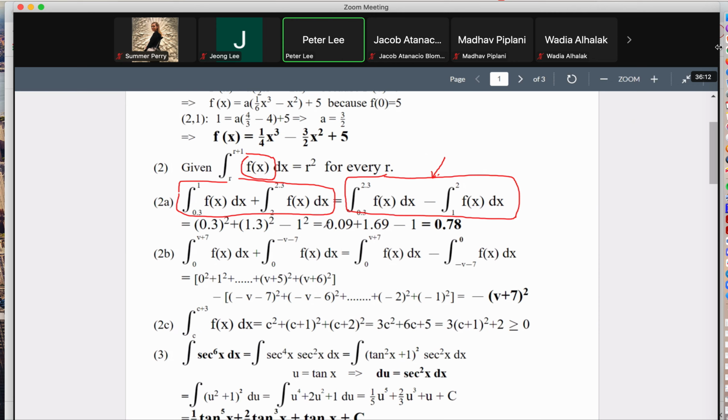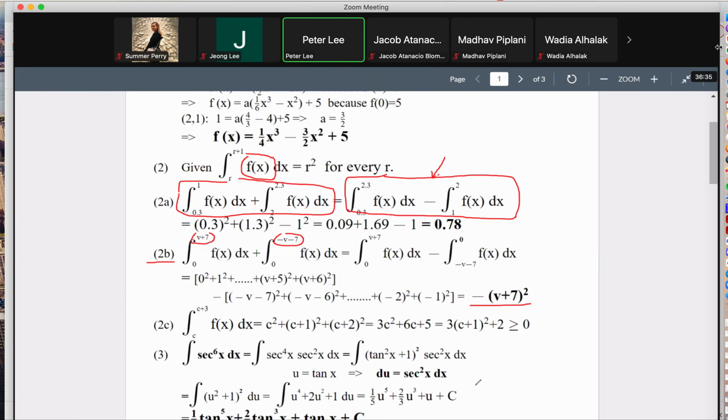All right, so that was 2a. And then 2b, when you look at the solution, it looks very confusing because I did the general version of putting this v plus 7. But if you can just give me one particular v, then this whole thing looks so much easier. So this is a general case. The answer comes out with this guy right here, depending on what your v is.